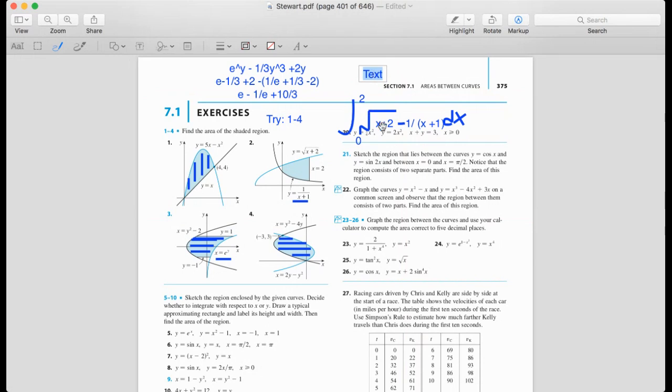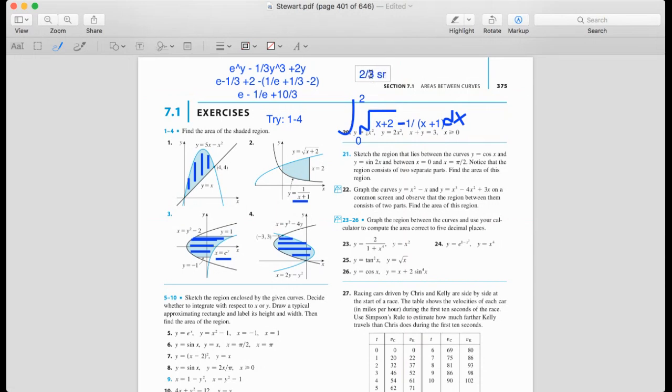Remember, this is x plus 2 raised to the half. So we add half to it. We add 1 to the half, that becomes 3 halves. Then we divide by 3 halves, the same as multiply by 2 over 3.